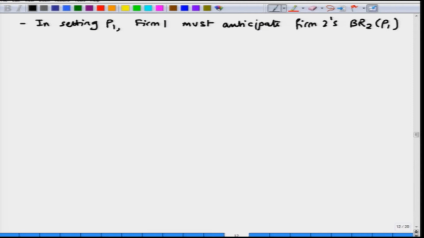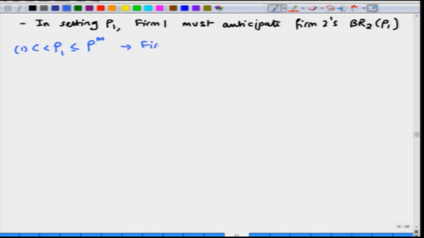And let us see what firm 1 anticipates. So, let us say firm 1 is choosing a price between the marginal cost C and the monopoly price. Well, what is firm 2 going to do?